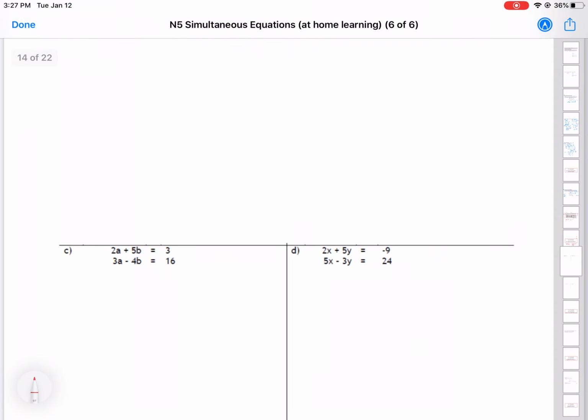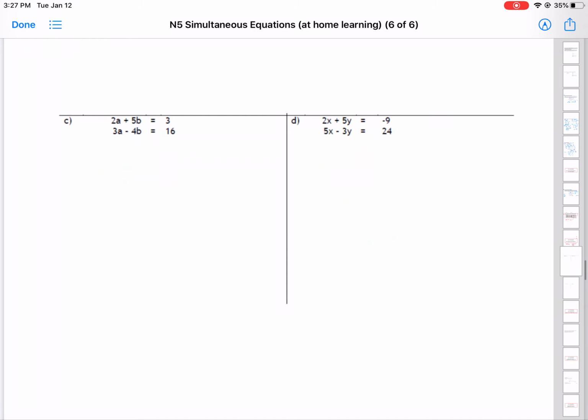Next, as you can see for C and D, so I'm going to stop you just now. For C and D, you can see that I have got numbers here and numbers here, and the same for C, that are not going to be able to multiply up into one another.